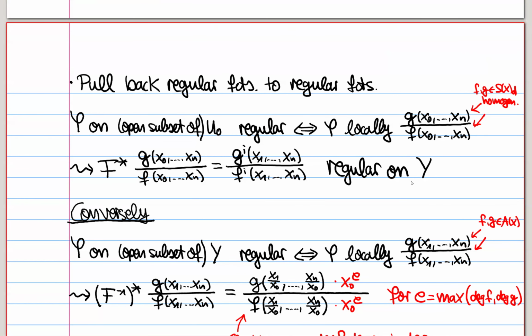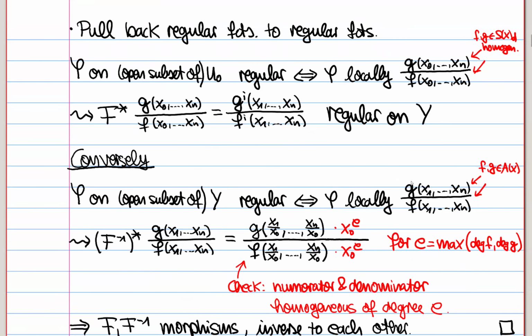So pullback in one direction works, and then the pullback in the other direction, let's say phi is now regular on an open subset of Y. So it's locally the quotient of two polynomials. And then this F inverse replaces xi by these functions xi divided by x0, like this. So we get this just plugging in the definition.